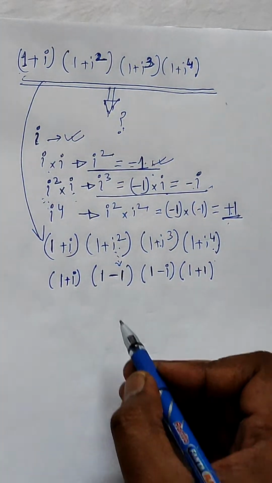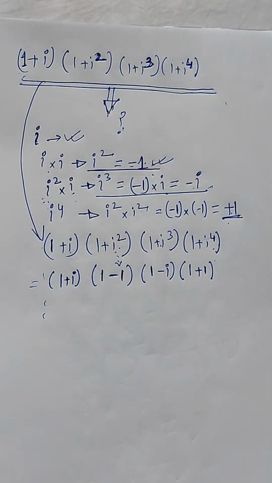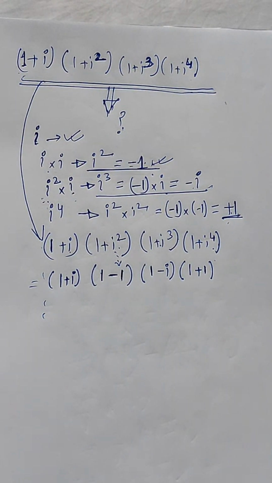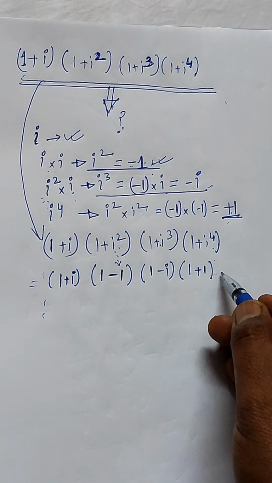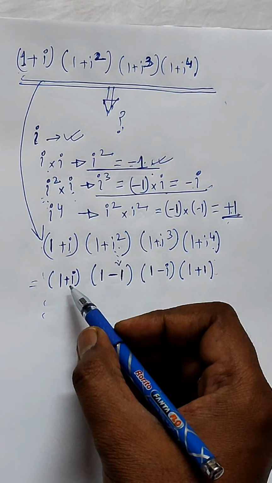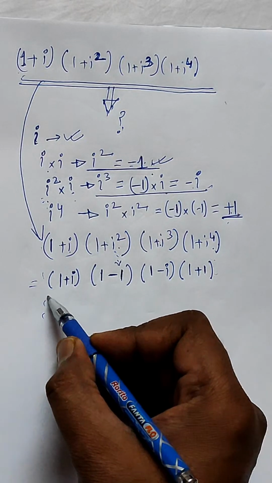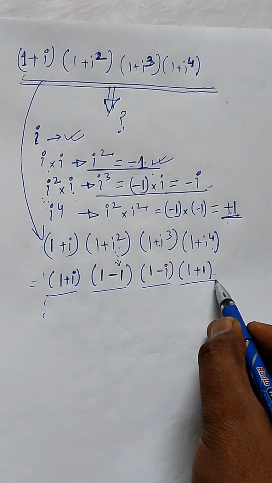So students, rather than solving in this way, you can solve it very quickly initially, right? How? You can see here that all these four brackets are in multiplication.